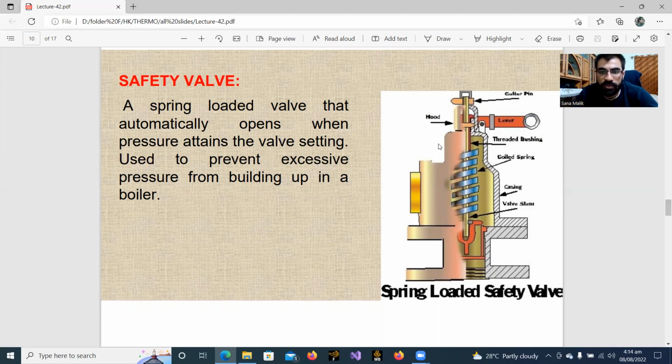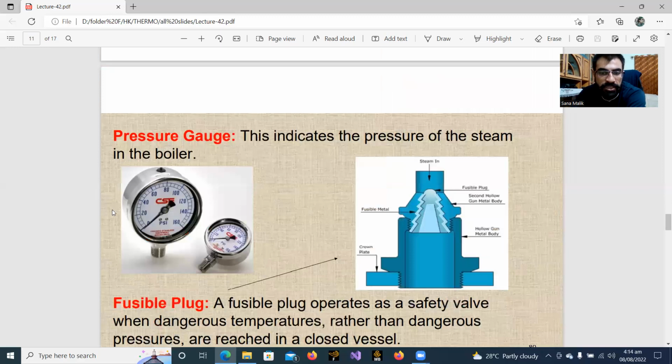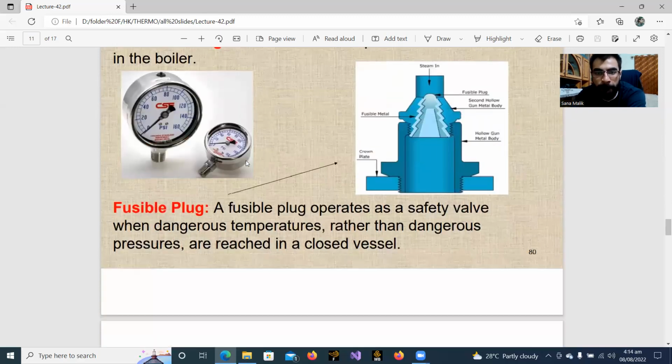It is set to endure a specific value of pressure, and when that is exceeded, the safety valve opens and the excess pressure is released into the atmosphere. These are pressure gauges, for visual inspection.